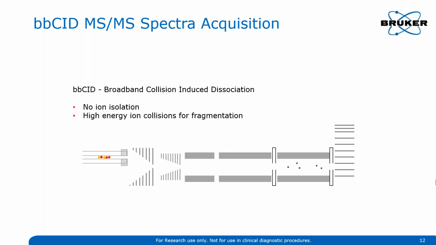In a second experiment that follows, the system accelerates all ions in a collision cell and performs broadband collision induced dissociation, or broadband CID. No ion isolation takes place, and all ions are fragmented completely indiscriminately. It means that the system collects information on all fragment ions at all times.